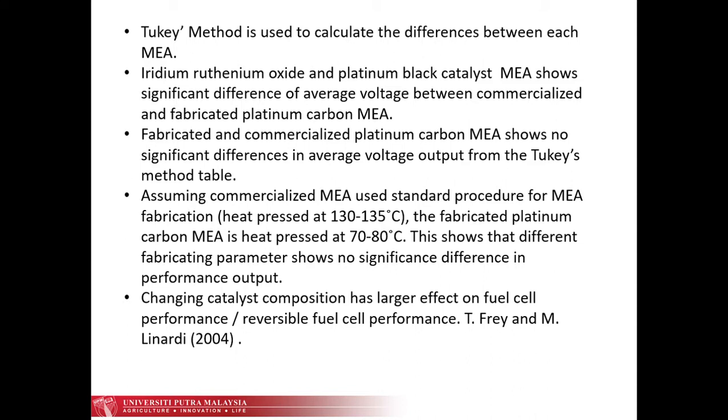There is a difference in heat press temperature, but after calculating with the Tukey method, there is no significant difference in voltage output. So this shows that different fabricating parameters or techniques show no significant difference in performance output.